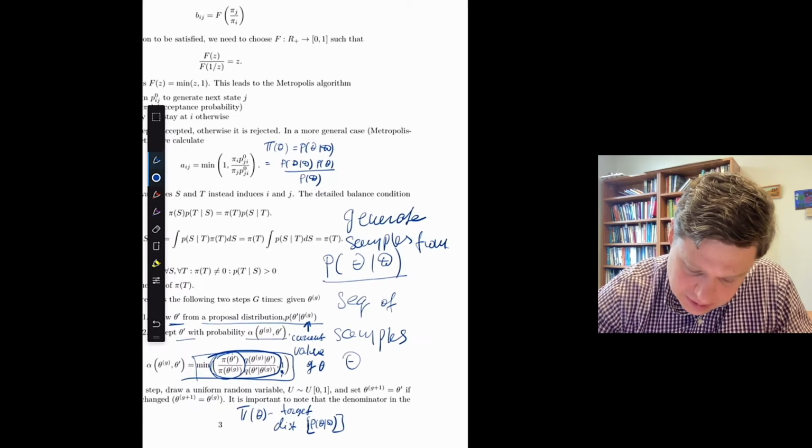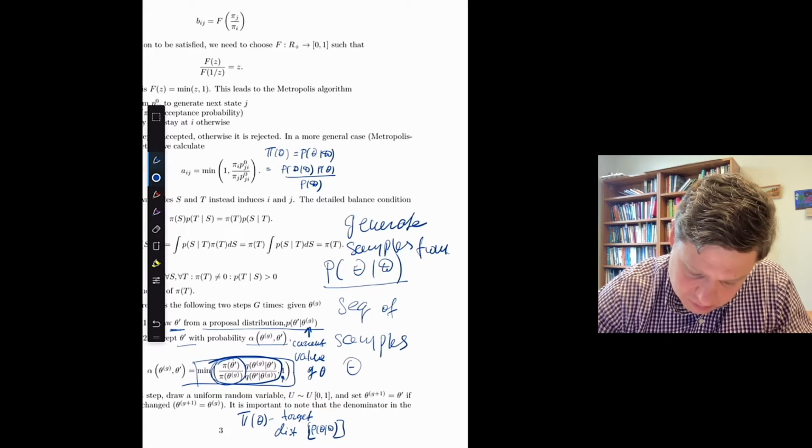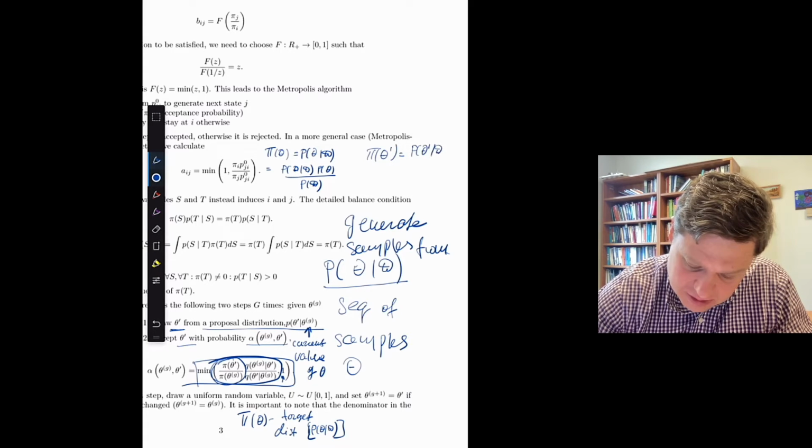And now let's calculate pi of theta prime, which is just pi of theta prime given data. And it's equal to p of data given theta prime, times the prior pi of theta prime, divided by p of data.